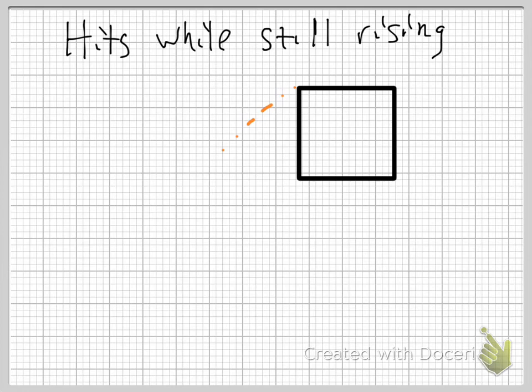Now with this scenario, let's think of it that, well, we already have the knowledge that if the castle wasn't there, this would continue to rise. But the castle is there and it's going to prevent it from rising because it's going to hit something. There's going to be a collision.